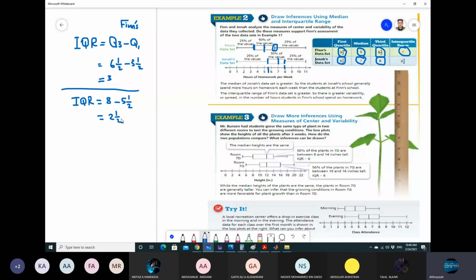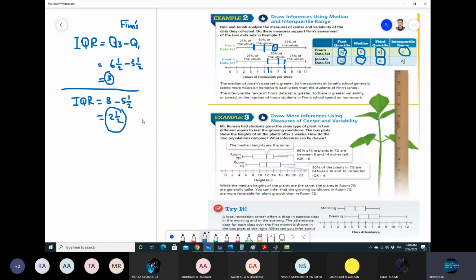And this is the way you can make inferences depending on the measure of center, or the median, and the interquartile range, or IQR. The IQR of Finn's data set is greater. It's a 3, which is greater than the interquartile range of Jonas data set.